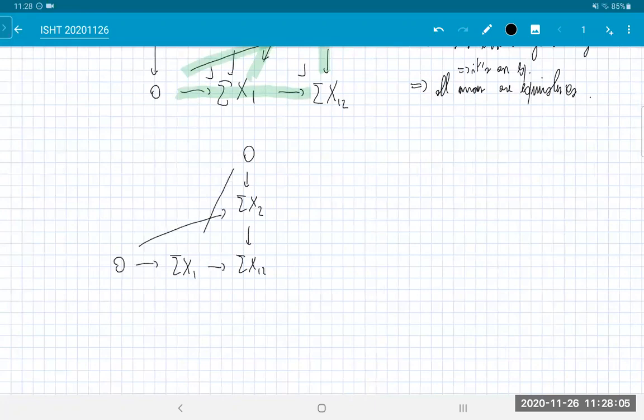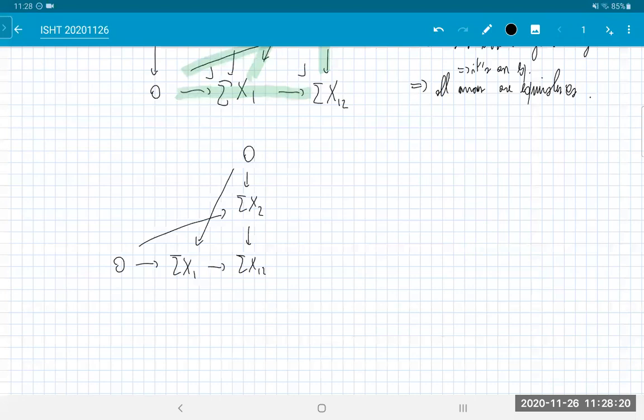And the trick is going to be to compute the limit one piece of the diagram at a time.